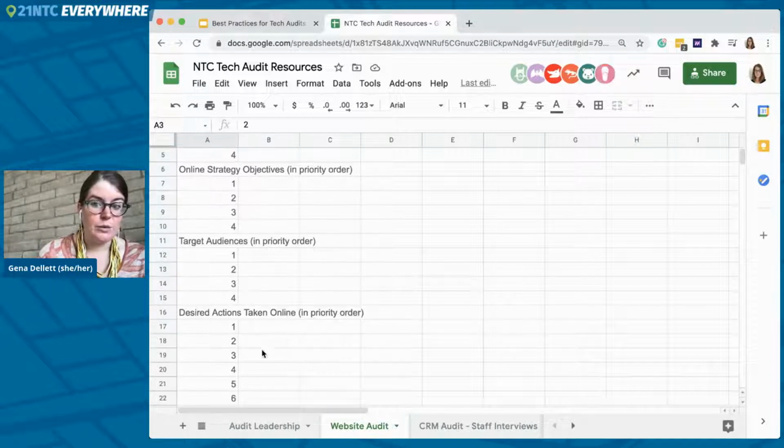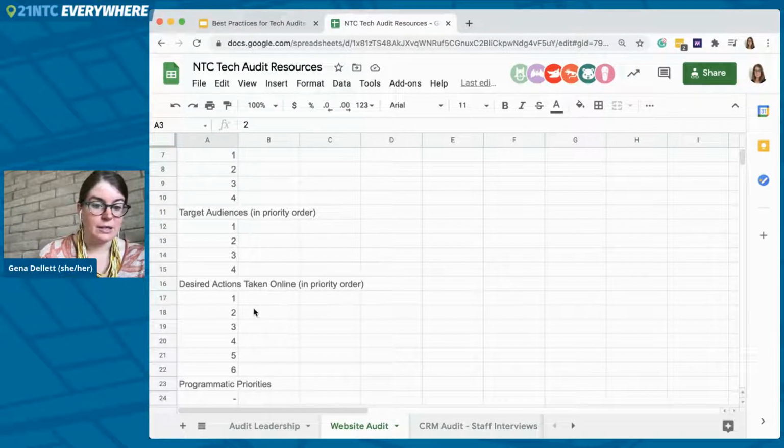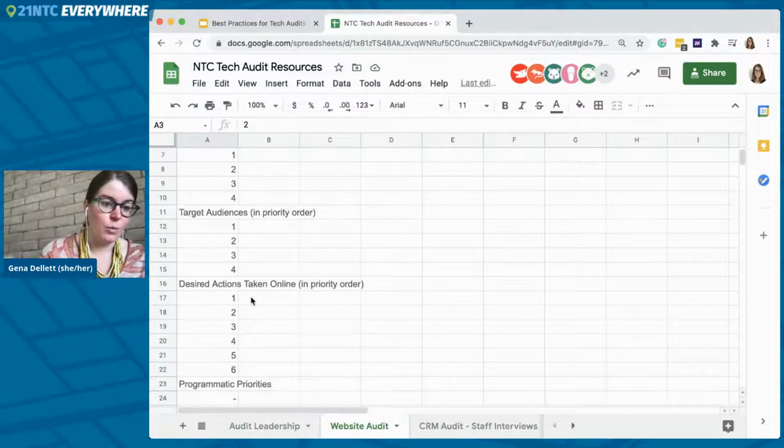And the value of putting something for the desired actions taken in a bulleted list means that you need to declare what is the most important thing that a person is doing. If we could only have one call to action, what would it be? And if you have multiple that have to be that number one, that can also be a trigger to think about the different space.